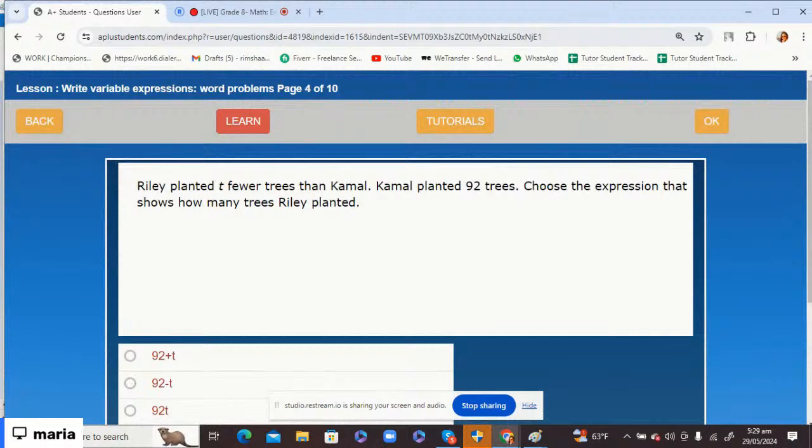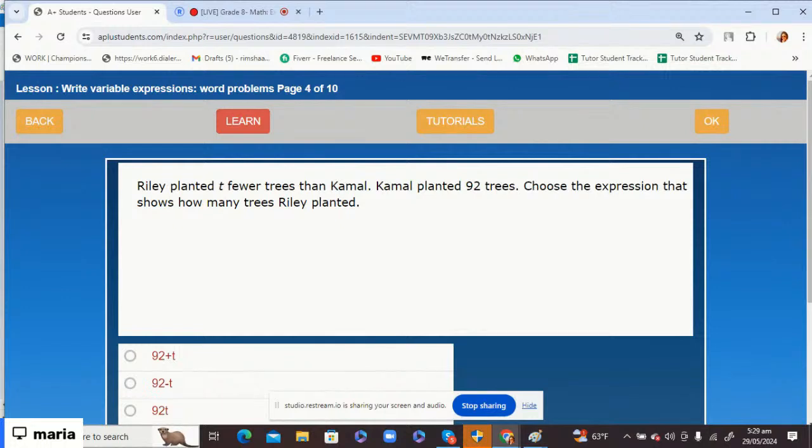Okay. Relay planted t fewer trees than Camel. Camel planted 92 trees. Already done that one, but let's explain again. Relay planted t fewer trees than Camel. Camel trees are how much? 92. So 92 is the first, and then t is the second, and the word they are using here is "fewer".